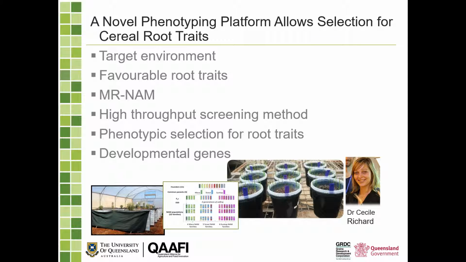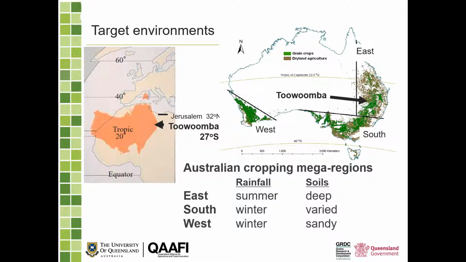Then I'll talk about a nice multiple reference parent nested association mapping population that's been developed to incorporate such traits into adapted varieties for our environment, and the high throughput screening method that we've used, and show you that Dr. Cecile Richard was able to use the method to select for root angle in this particular case. And if there's time at the end of the talk, I'll also talk very briefly about some work we've done on developmental genes.